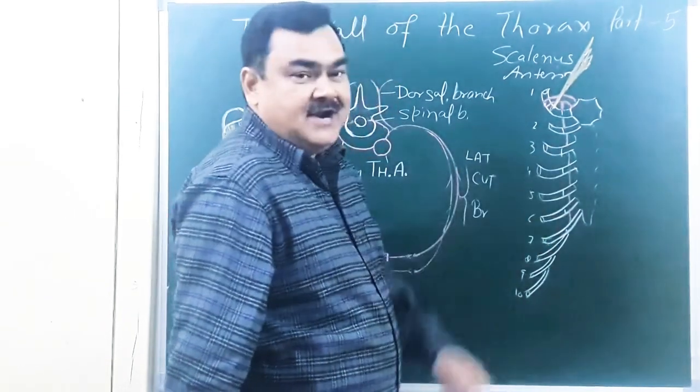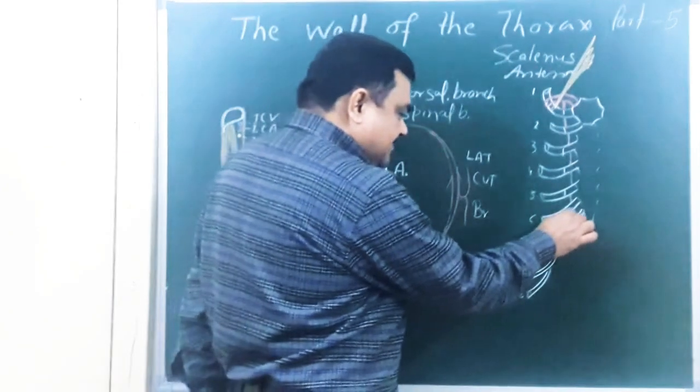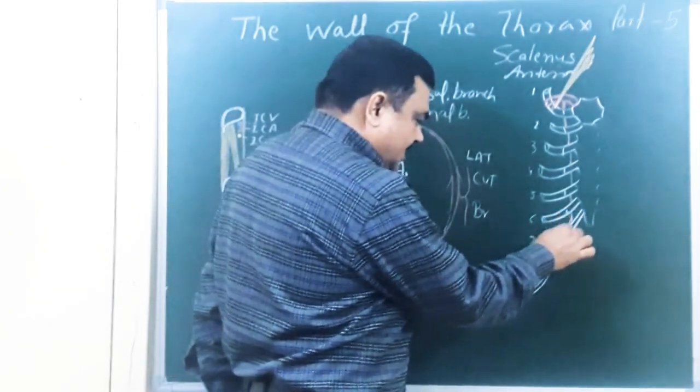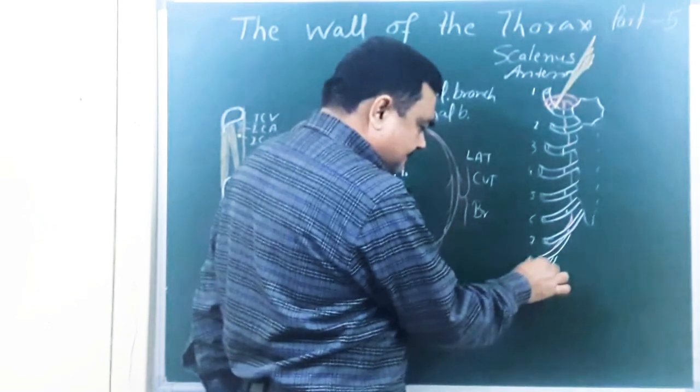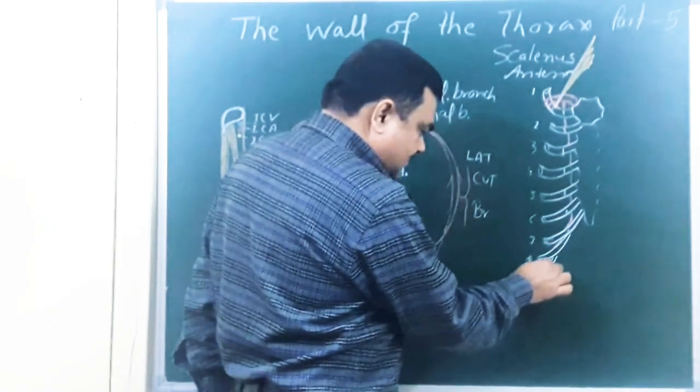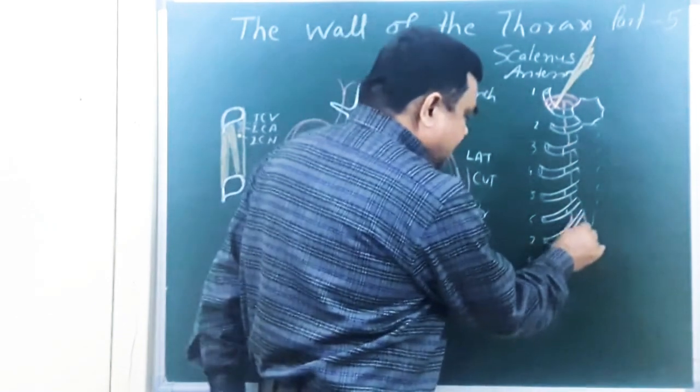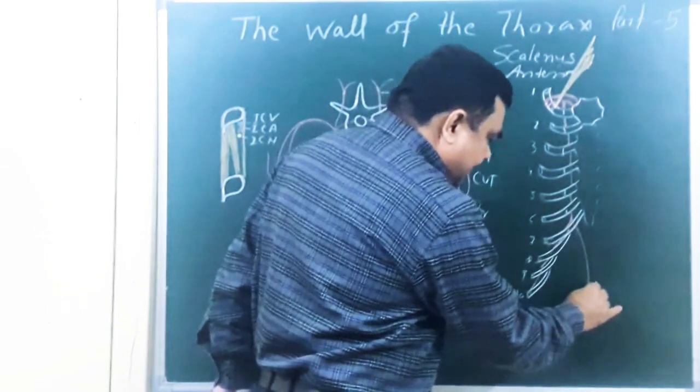This internal thoracic artery in the sixth intercostal space divides into two branches. This is the musculophrenic artery and this is the superior epigastric artery.